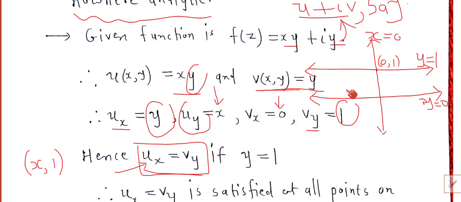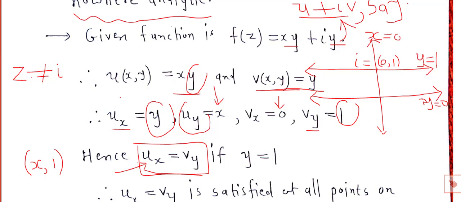That means Cauchy-Riemann equations are not satisfied at every point z which is not equal to (0, 1), which in complex notation is i. So at every point which is different from i, CR equations are not satisfied. That means the function is not differentiable at every point except z equal to i.